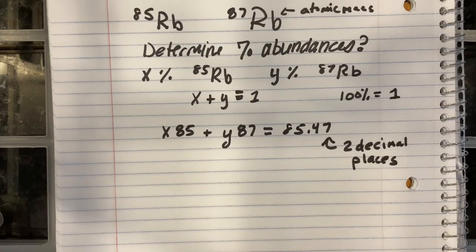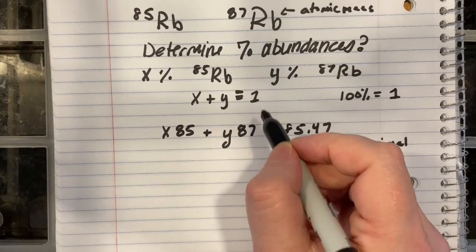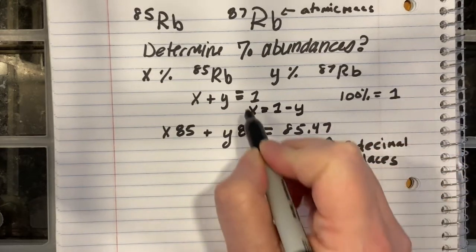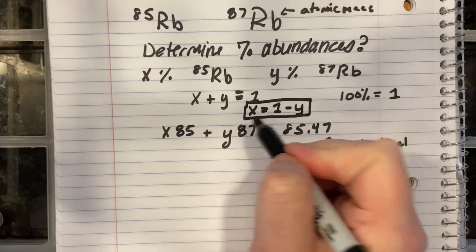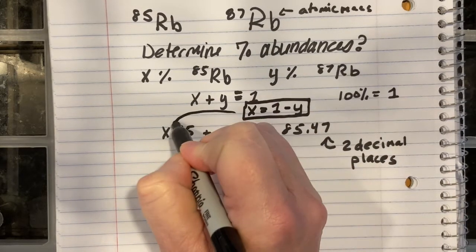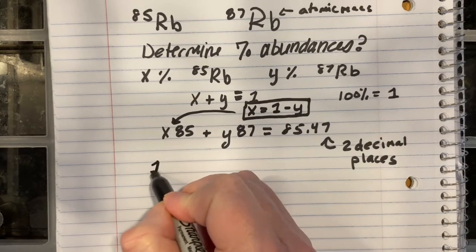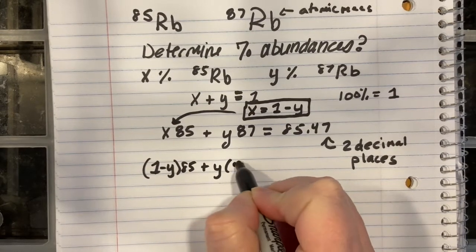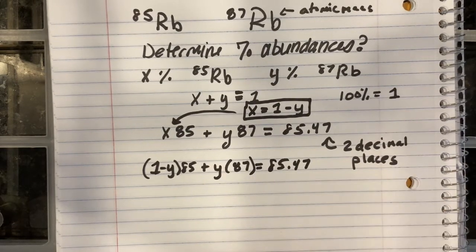And so I like to use substitution, but you can use whatever method that you want. So I'm just going to rearrange X plus Y equals 1 to be X equals 1 minus Y. So I just subtracted Y from both sides. That's my one equation. And I am just going to substitute that in for X. So now I have (1 minus Y) times 85 plus Y times 87 is equal to 85.47.